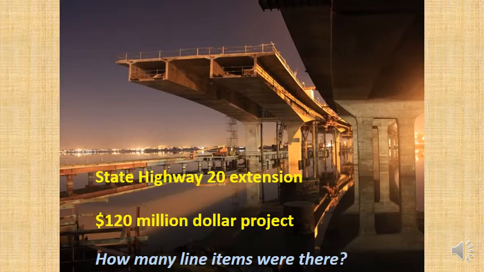A lot of work went into this estimate, and it was very accurate, and the final cost of the project basically matched up with the estimate. They did a very good job of estimating. But as I said, there were 3 million line items. Can you imagine finding quantities and appropriate rates for 3 million line items?